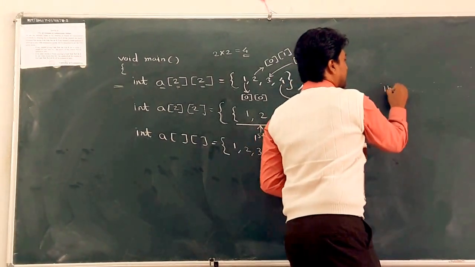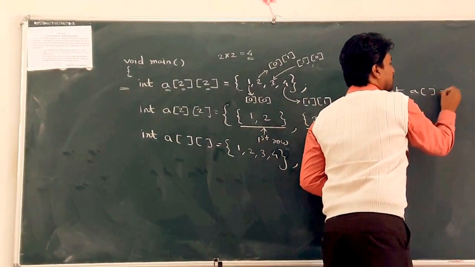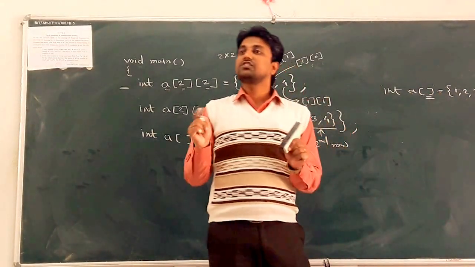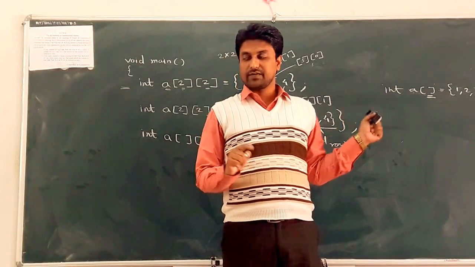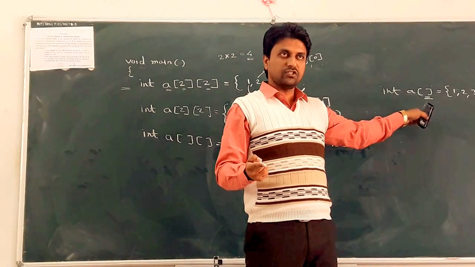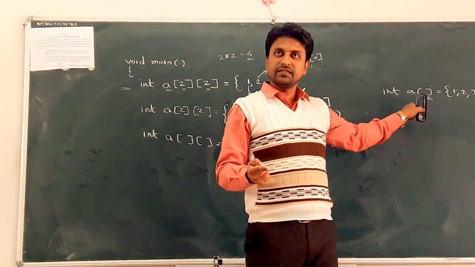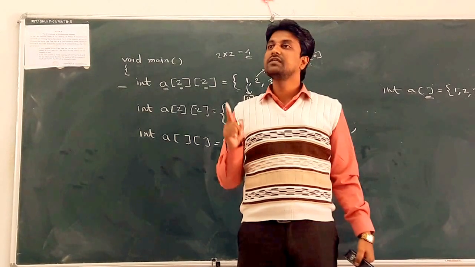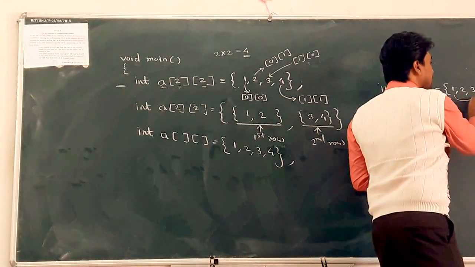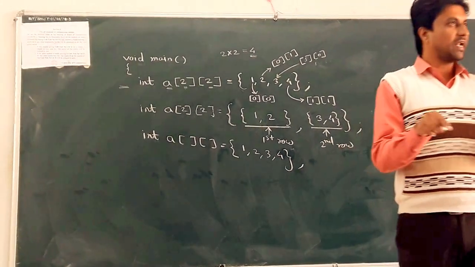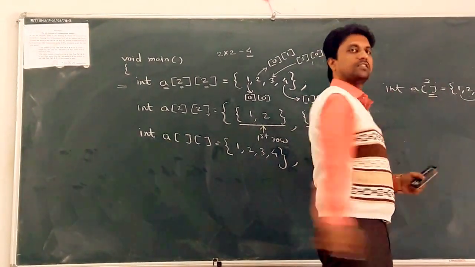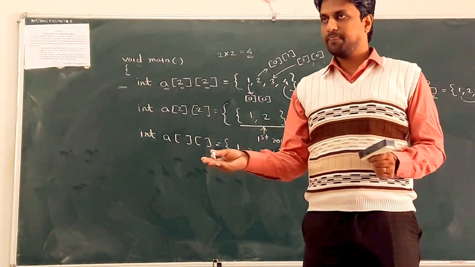If it is a one-dimensional array, integer a subscript, we cannot specify the size here, then it does not give you any syntactical error. The compiler does not raise any syntactical error because it is valid in C language. Is it valid? Yes. It is valid in a one-dimensional array because the compiler counts the number of elements in that curly bracket. If it is 3, then it automatically sets the size as 3. It is done by the compiler.